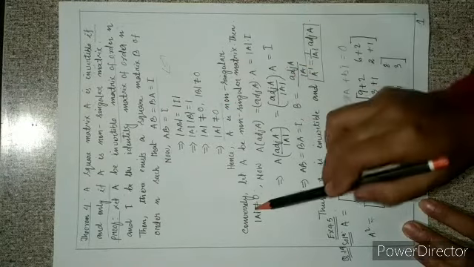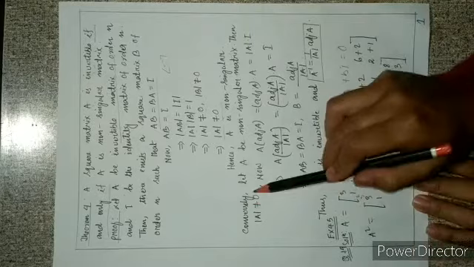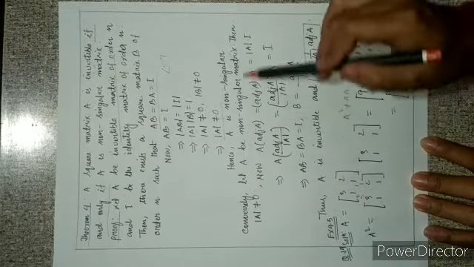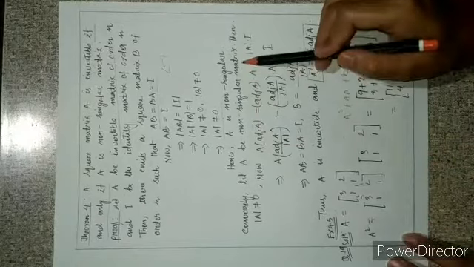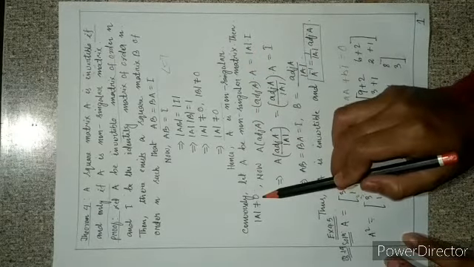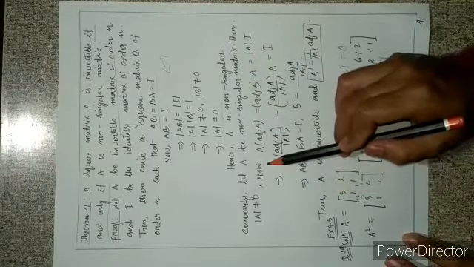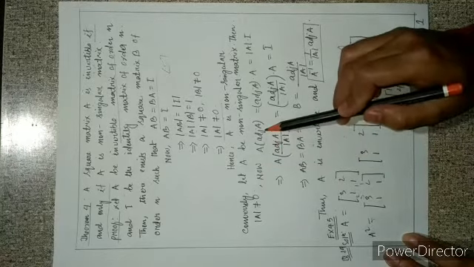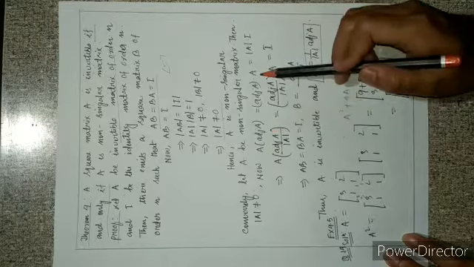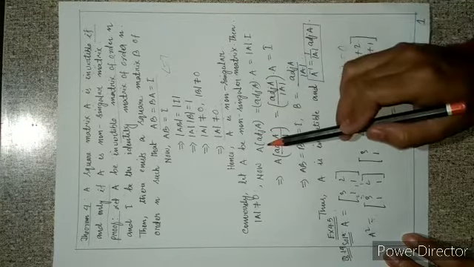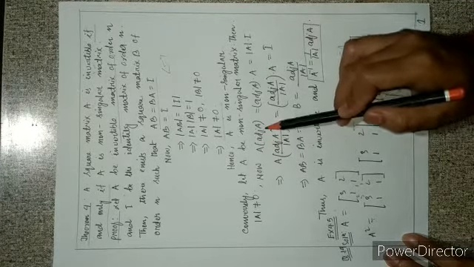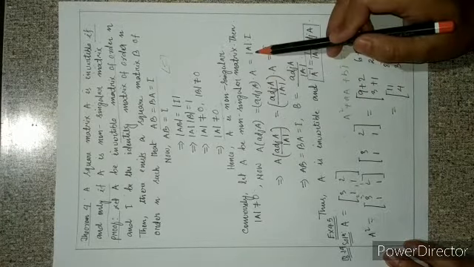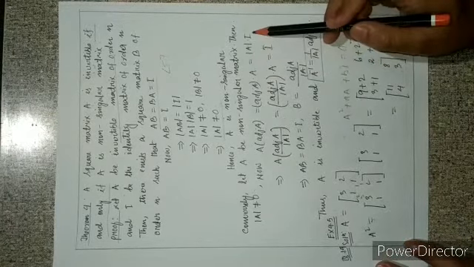This completes the first part of the proof. Second part, conversely, let A be a non-singular matrix. When A is a non-singular matrix, then determinant of A is not equal to 0. By theorem number 1, A multiplied by adj A, or adj A multiplied by A, will be equal to determinant of A into identity matrix.